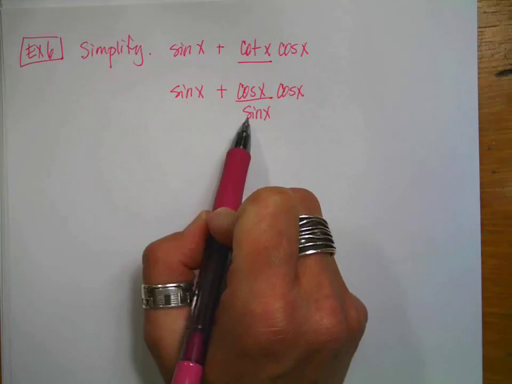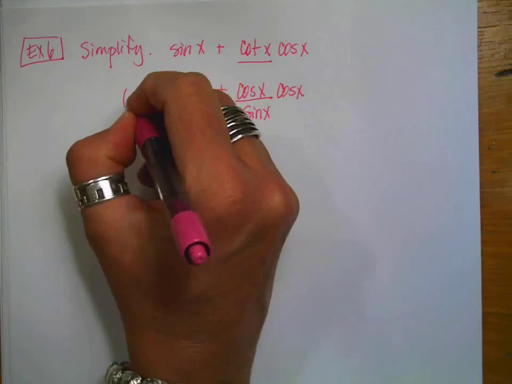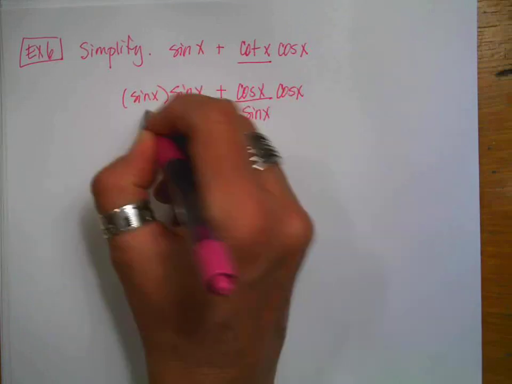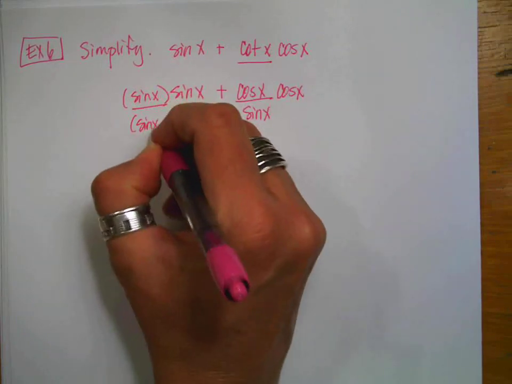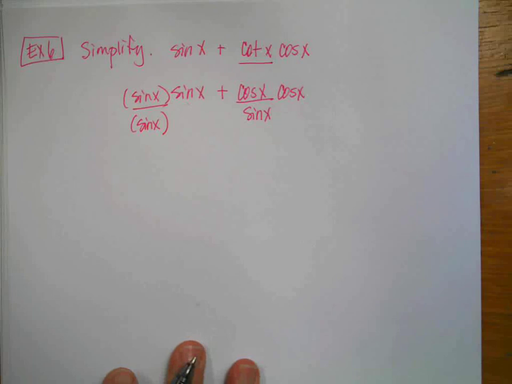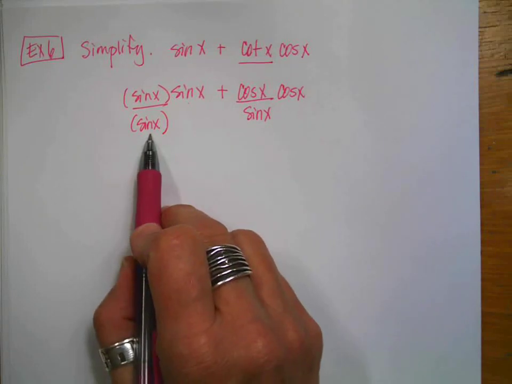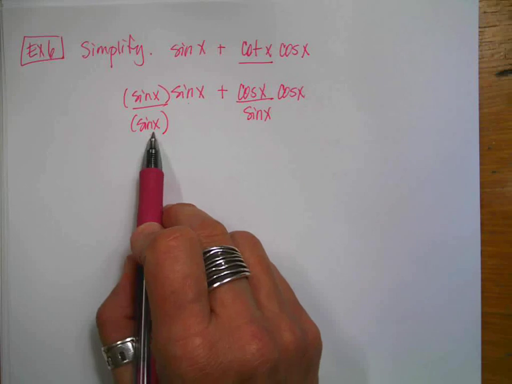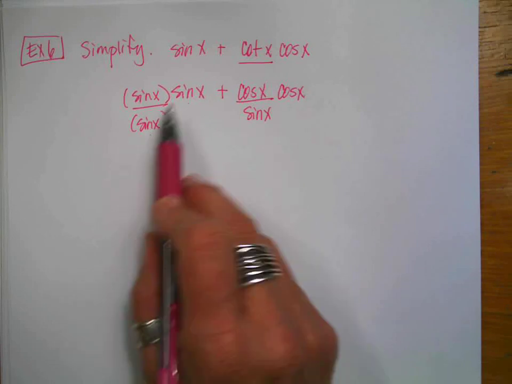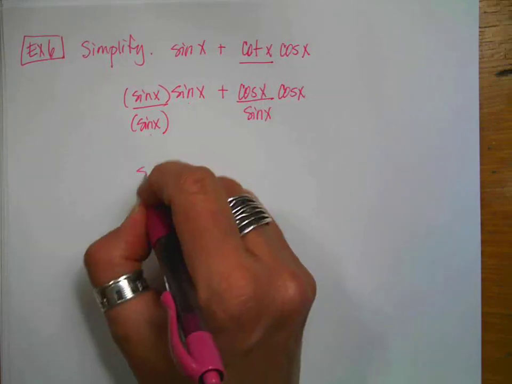Okay? I'm going to need to put these two fractions together. So I'm going to multiply this one by the sine of x over the sine of x. As we work through Chapter 5, when you do math like this so that I can put my fractions together, you must show this math. You can't skip steps.